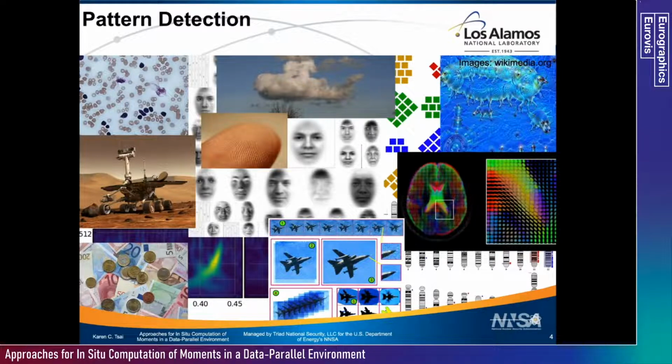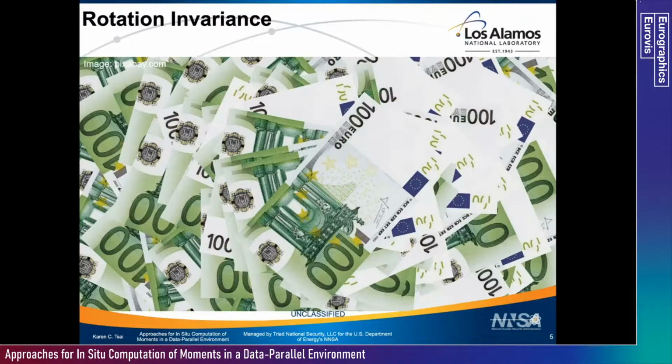But most pattern detection algorithms often have to look at every possible orientation of a given template, which could cause a significant load on the performance. Like this 100-euro bill. Looking at these 100-euro bills, as a human, we can see that they should all match.